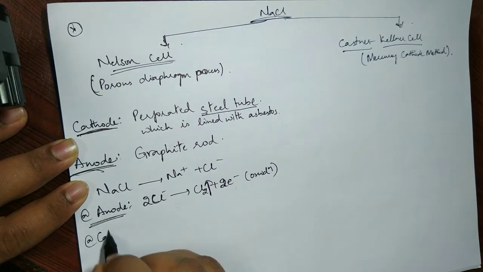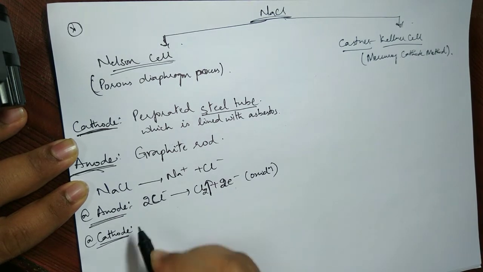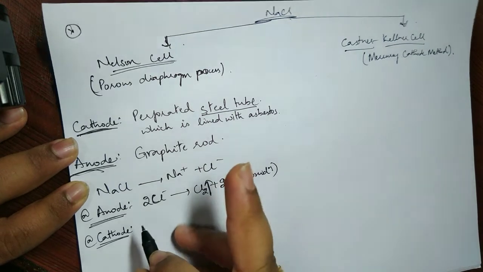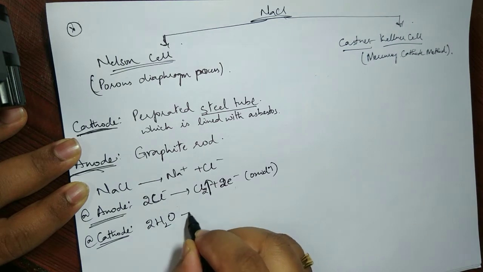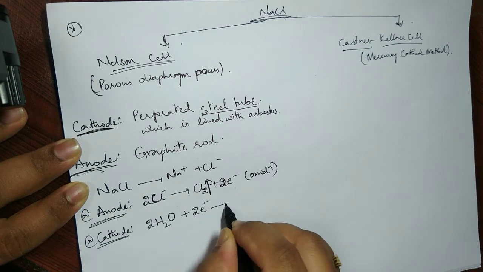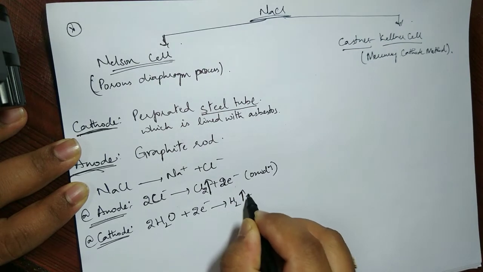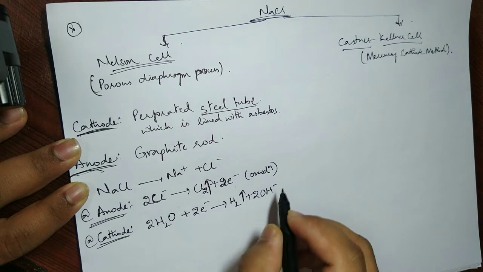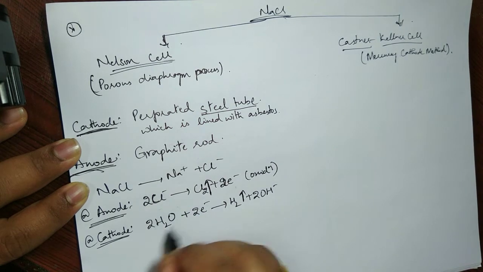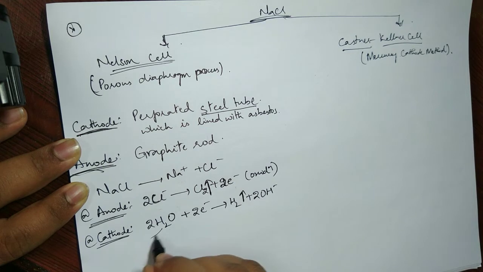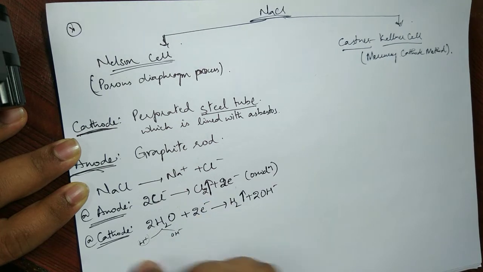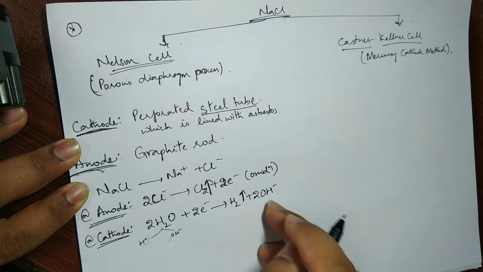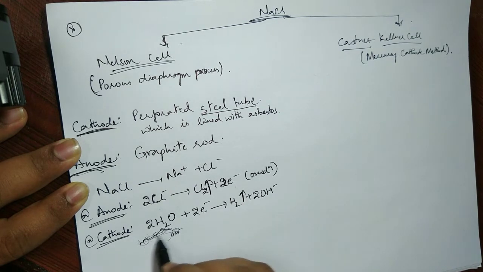And at the cathode, what do you observe? Pay attention. H2O, water molecules, take these 2 electrons and form hydrogen gas plus 2 OH- ions. We know H2O breaks down as H+ ions and OH- ions. 2H+ will grab 2 electrons and form H2 gas, and the 2 OH- remain as they are.